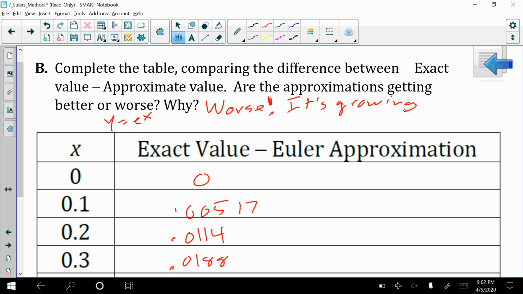Make sure you say the approximations are getting worse because the function is growing at an exponential rate, meaning that the y values are going to get very, very big very, very quickly.